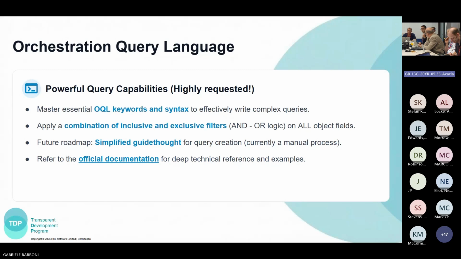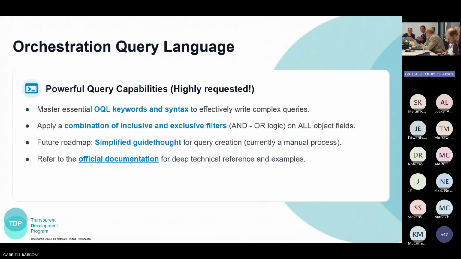In the future, what we want to do, and we are working on that, is to have some suggestions. So while you write the query, you get suggestions on the names of the fields, the operators you can apply, the type of combination that you can perform. So basically, it's the documentation, like you were saying, included in the OQL. So this is what we are working on already.